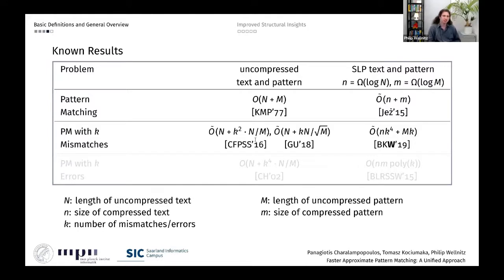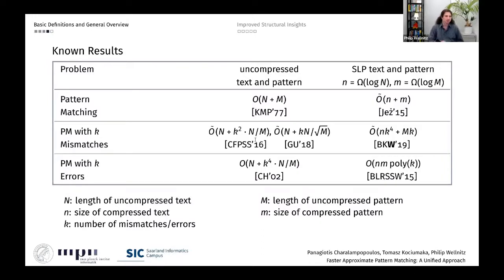So in general, there's perhaps not that much to be done. For pattern matching with k errors, this k to the 4 is, I would say, not optimal. There's a lower bound, the general edit distance computing lower bound by Piotr and Indyk, which gives you a k squared lower bound. And this algorithm by Cole and Hariharan, even they conjectured that it should be k cubed.